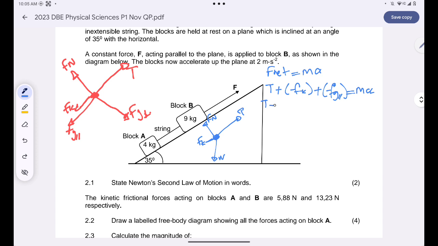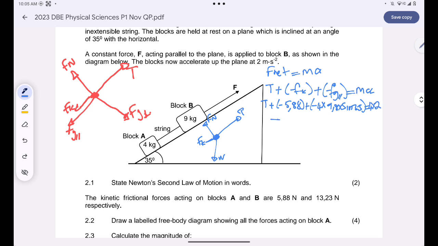They want me to find the tension, right? Tension plus negative 5.88 plus negative Fg parallel. I'll get that by saying mg sine theta. The mass is 4 multiplied by 9.8 multiplied by sine 35, equal to 4 multiplied by 2.